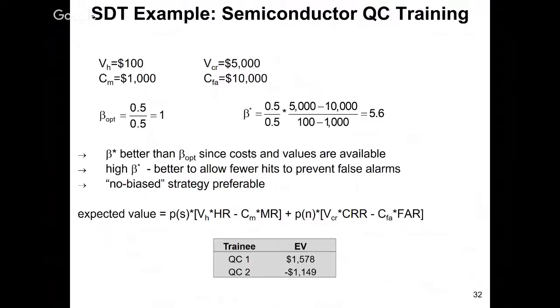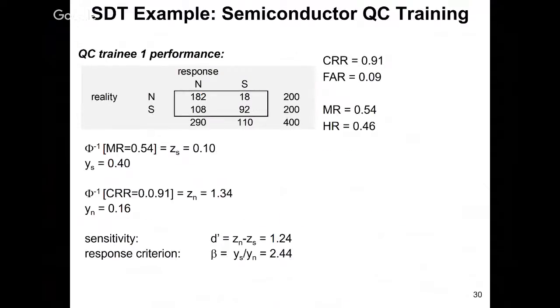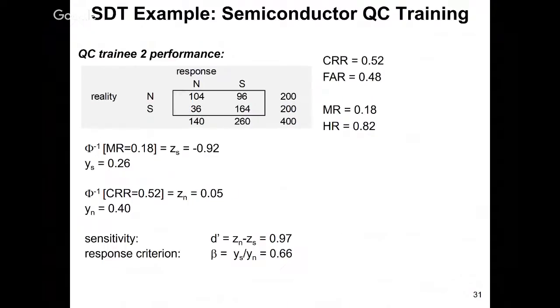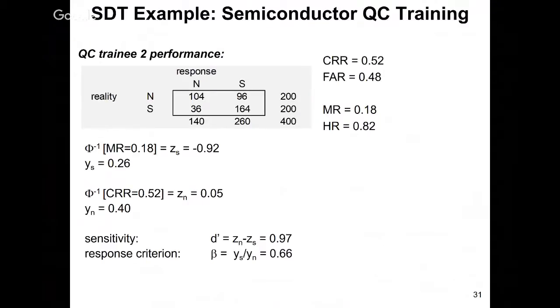So you can guess which intern is going to do better at this job, right? Let's go back. Which one has lots of false alarms, 1 or 2? This is 1, and this is 2. Intern 2 has lots of false alarms, even though 2 is really good at detecting the defects.